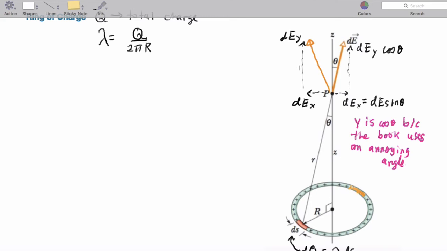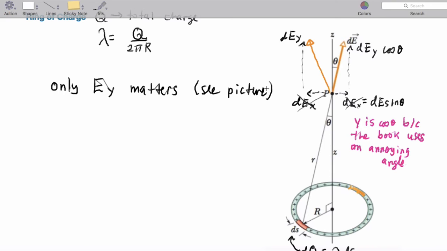And so this dEx cancels out with that dEx. So by looking at this picture here, what we see is only Ey matters. And to see why, see the picture.